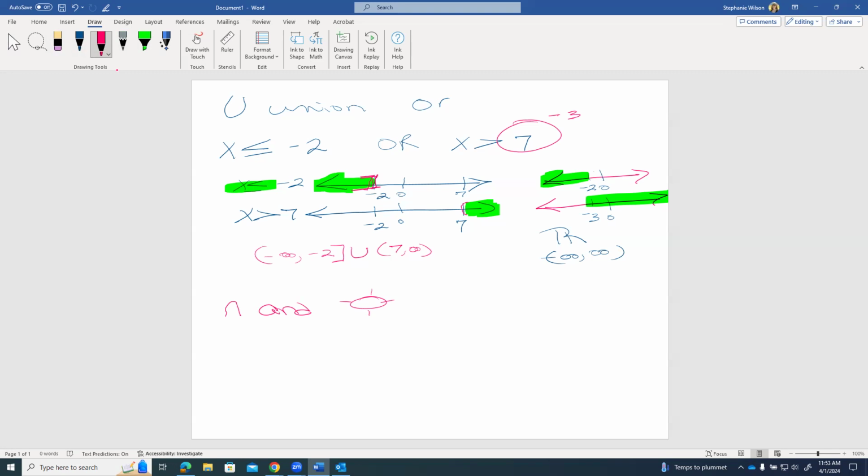So what if, and I'm just coming up with these off the top of my head, I had x is less than -4 and x is greater than -7? Let's draw these out. So here's x is less than -4.